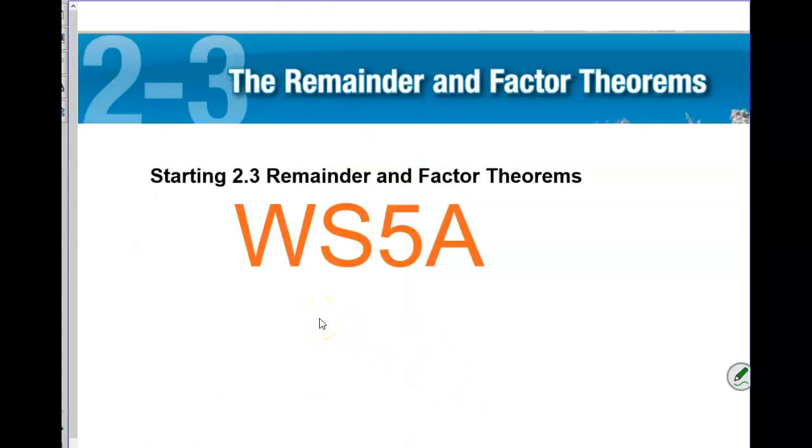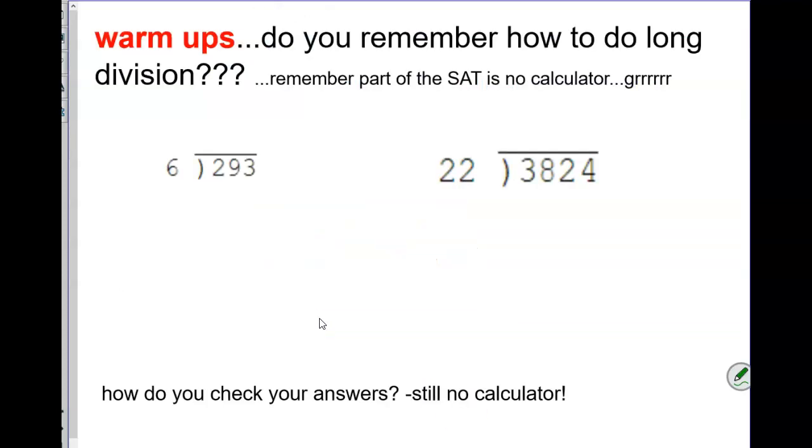Worksheet 5A. I need you to put down your pencil for a minute and pay attention up here to a long division question. Yay! You need to remember the process of long division. Remember you looked at this and decided how many times it went into this number. All right, 22 into 38 would go what?